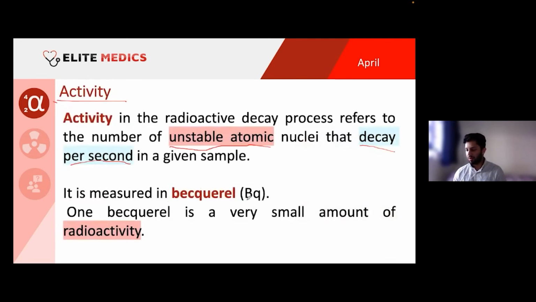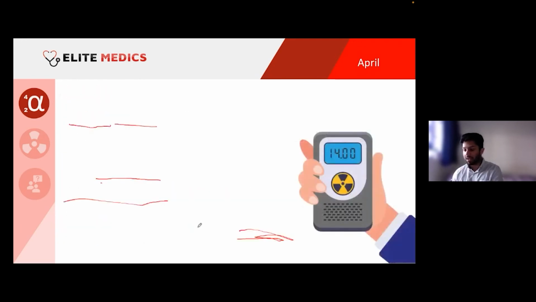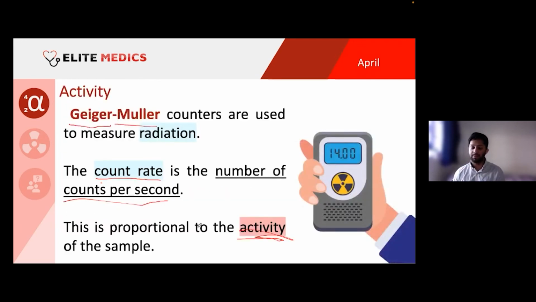The Becquerel, Bq, is a measure of radioactivity, and 1 Becquerel is a very small amount of radioactivity, whereas Geiger-Muller counters measure the number of counts per second, so the number of decays per second. This is proportional to the activity of the sample. So although they're related to one another, they're not necessarily the exact same thing.